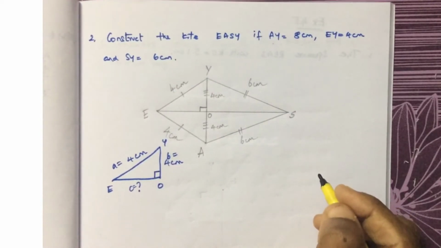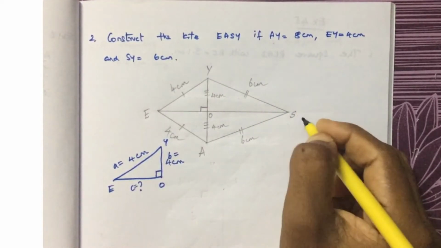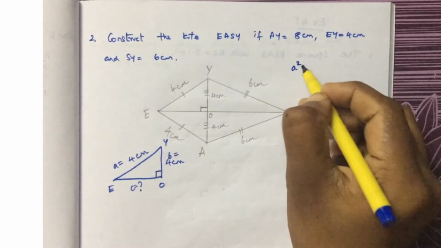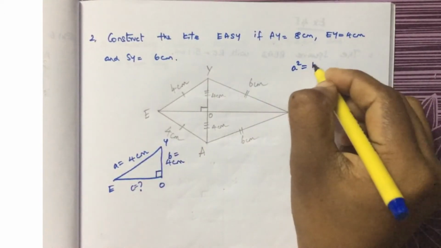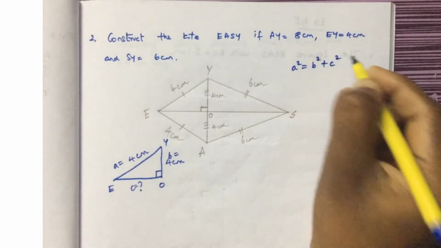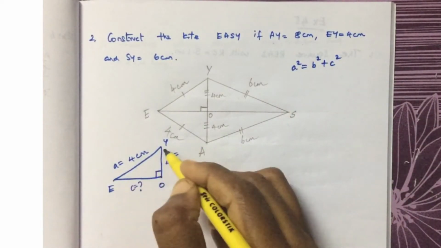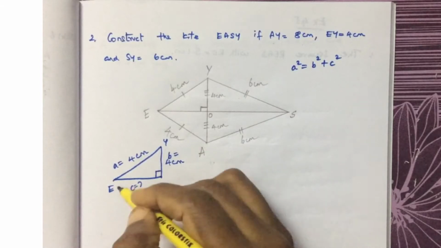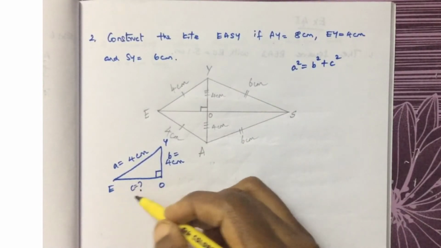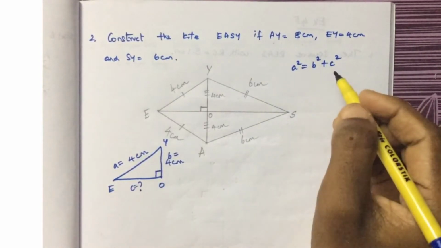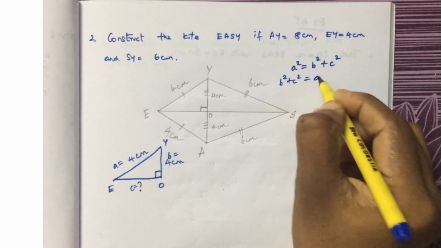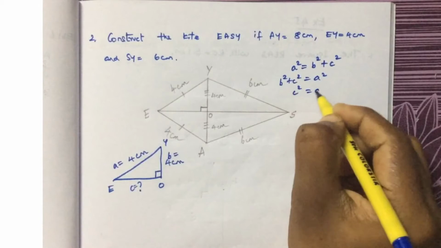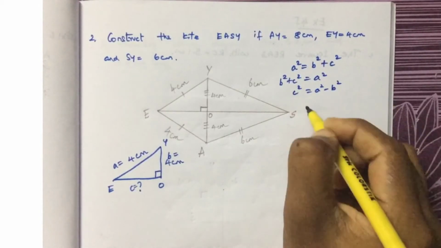What is the formula? A square equal to B square plus C square, where A is the length of the hypotenuse. Here I need to find C. So C square equal to A square minus B square.